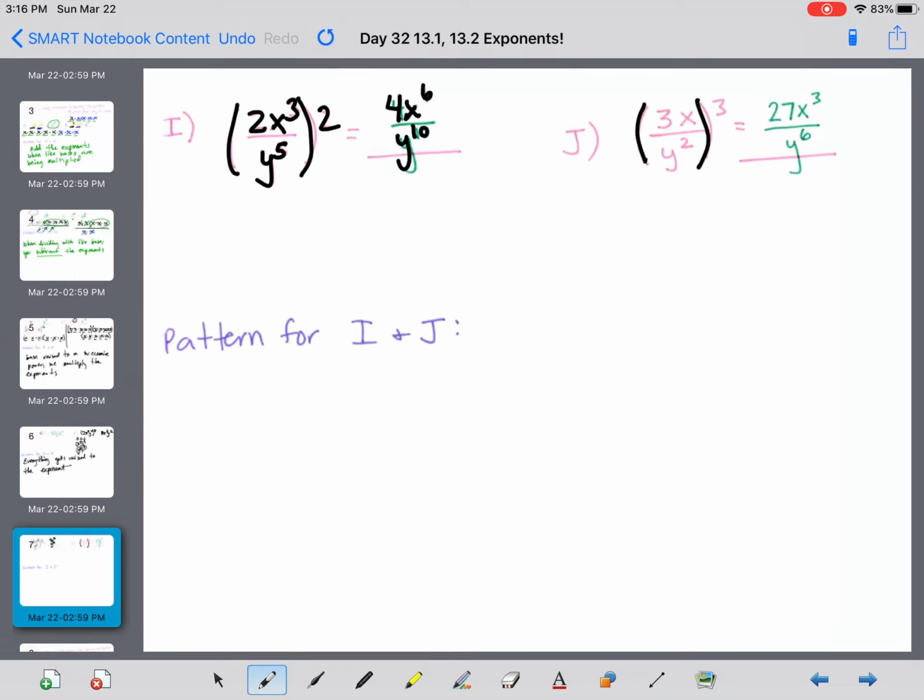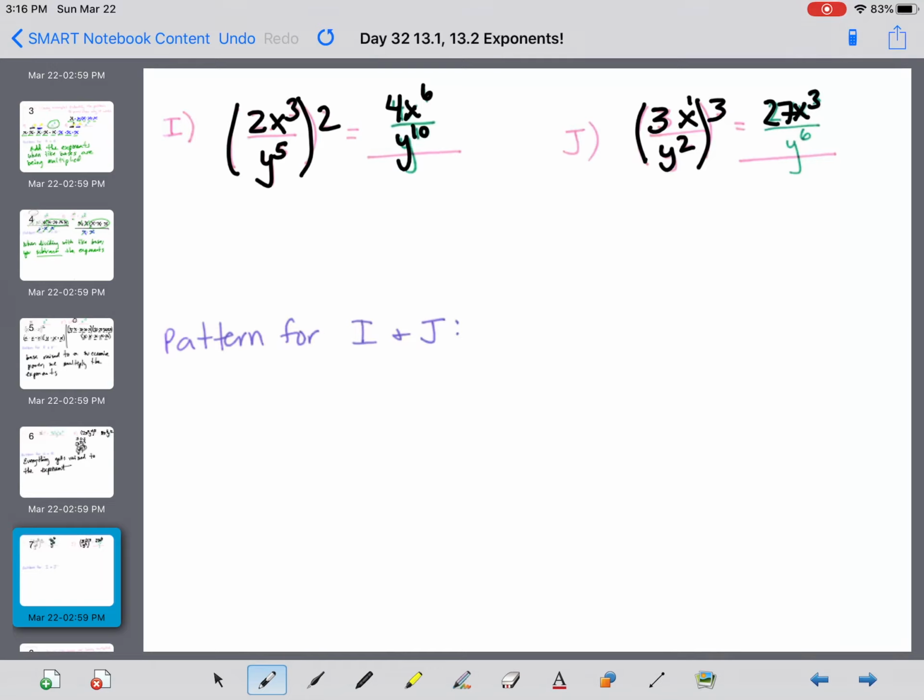Same idea here on J. 3 to the third power is 3 times 3 times 3, so that's where the 27 comes from. X raised to the third power again. If it helps you, put a little 1 up there in the superscript. So x to the first raised to the third is 1 times 3, so that gives me x to the third. And then in the denominator, y squared, again, another example of successive powers.